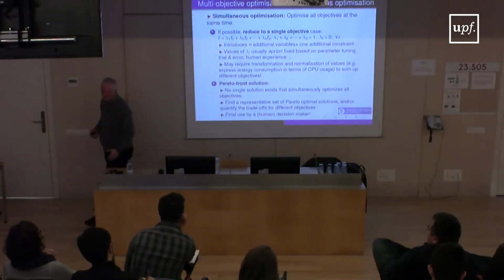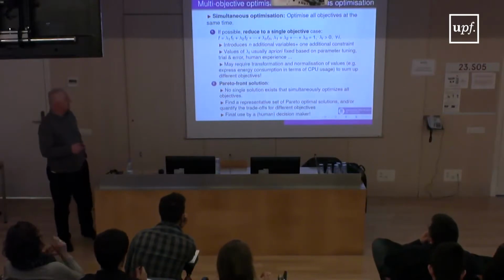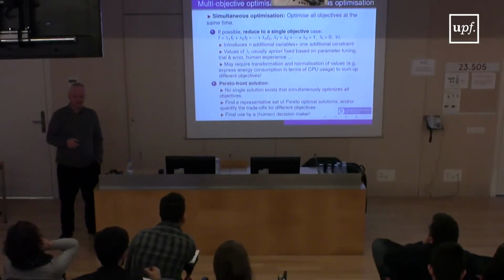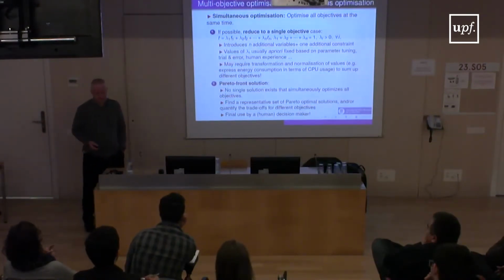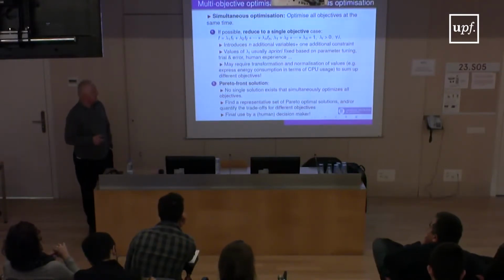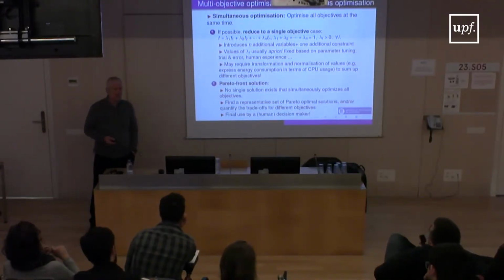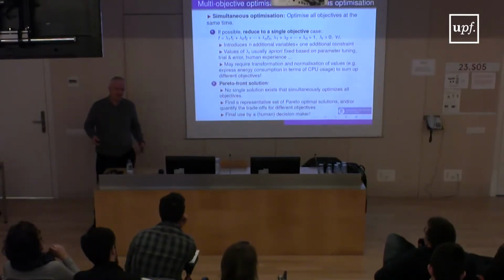move to the more used one, which is the simultaneous optimization, where you optimize all the objectives at the same time. Now, how can you optimize, let's say, 10 objectives, or even 3, or even 4, right? Well, you can have two modes. The first one would be to try to reduce 10 objectives into one single objective.